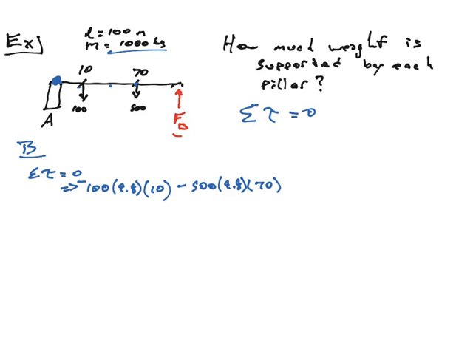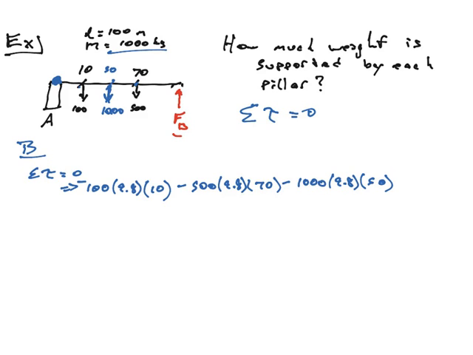That mass is sitting here, so we have to put him in. 1,000 is sitting there, and where is he? He's halfway. If the bridge is 100 meters, then the weight is at the 50-meter mark. So we have 1,000 times 9.8 times from A to 50 is 50, also negative.